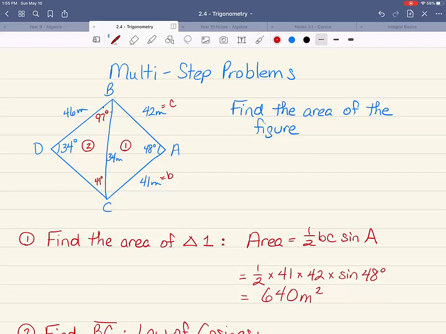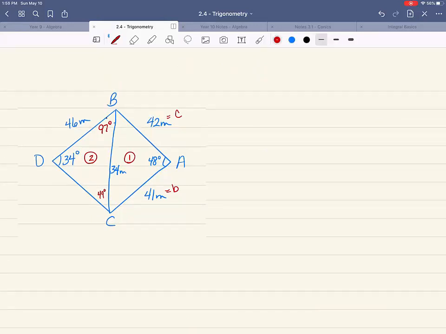All right, now we are ready to move on and find side CD. So step 4 is to find side CD. That's the one side on this triangle I don't know yet. And how are we going to do that? Do we know an angle and its opposite side?